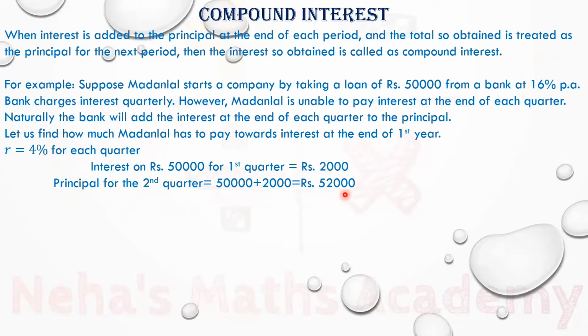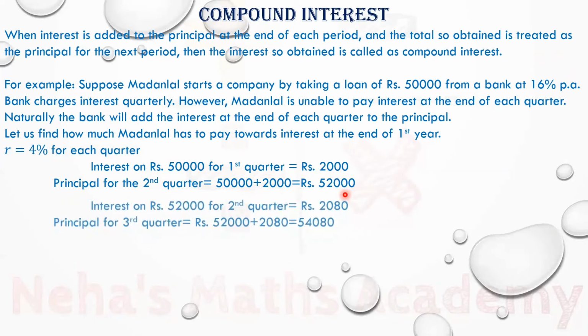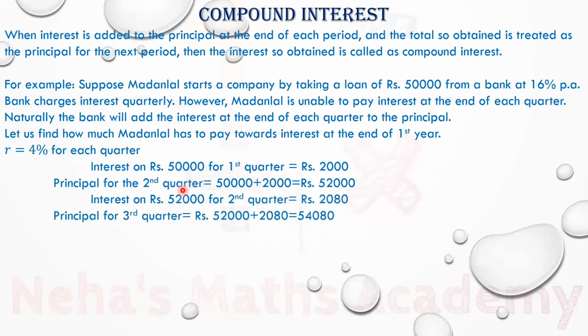It is total 52,000. Now find the interest on second quarter. That is interest on 52,000, 4% per quarter. So 4% of 52,000 is 2,080. Add this to this amount. So 52,000 plus 2,080, that is 54,080 is the principal amount for next quarter.